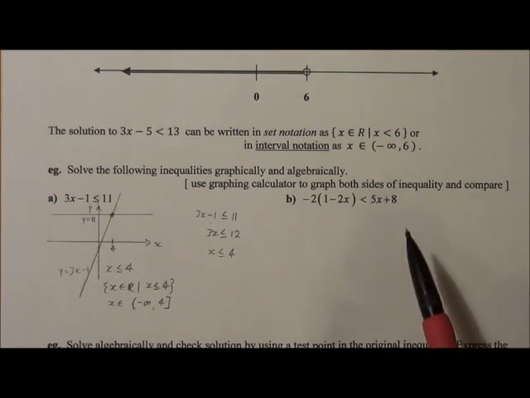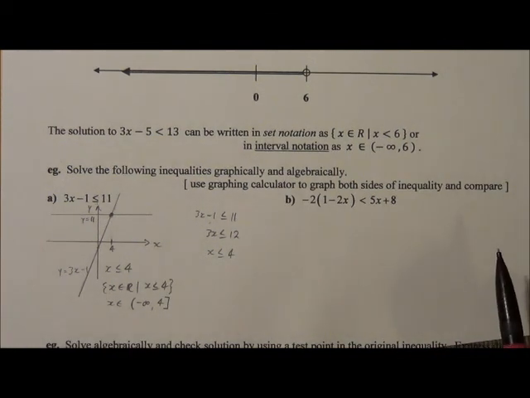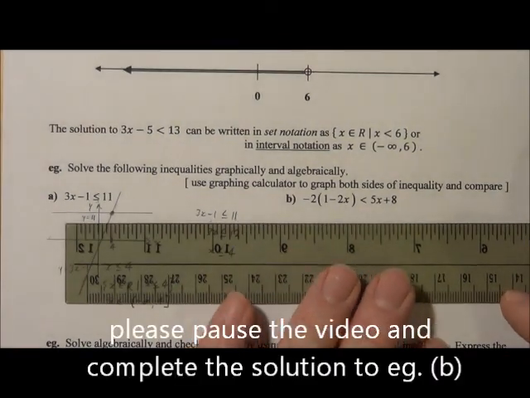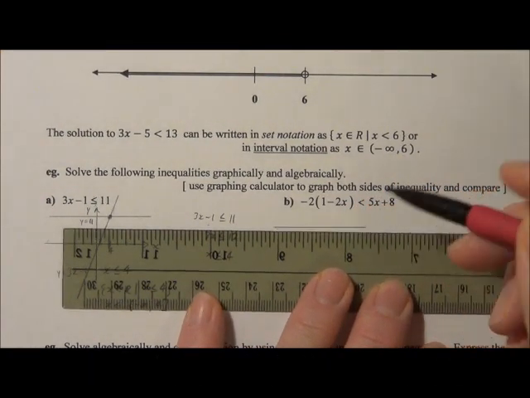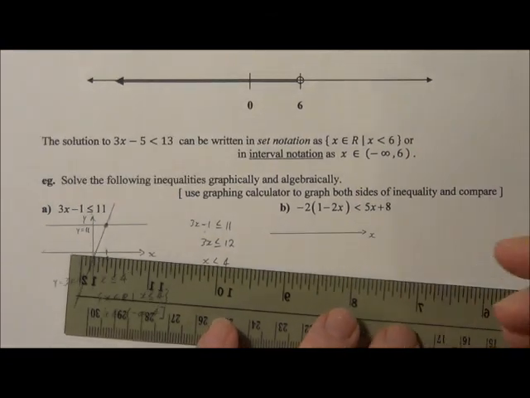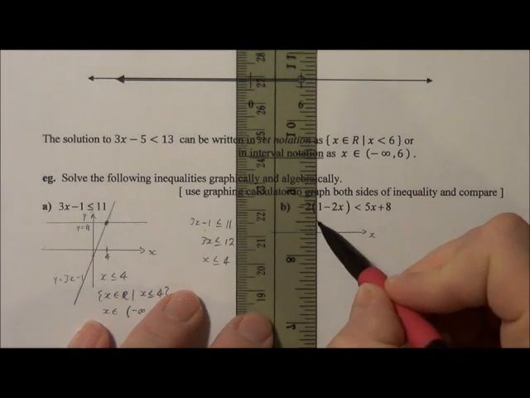Okay, so we'll take a look at this other example now. And I've graphed this before, so I know how to set up the Cartesian plane to show us the results that we're looking for.